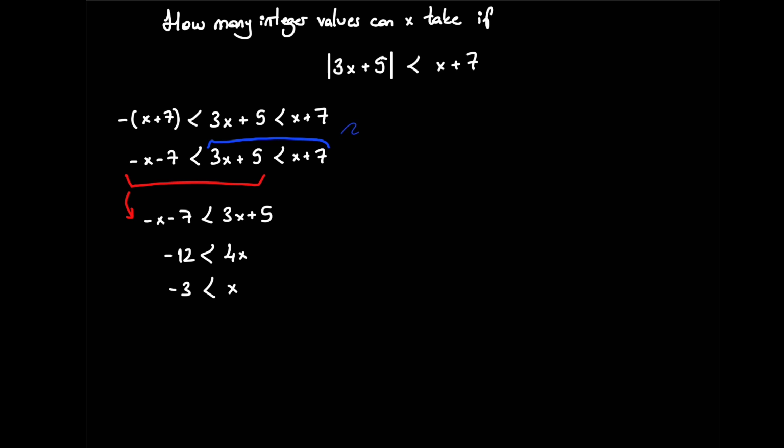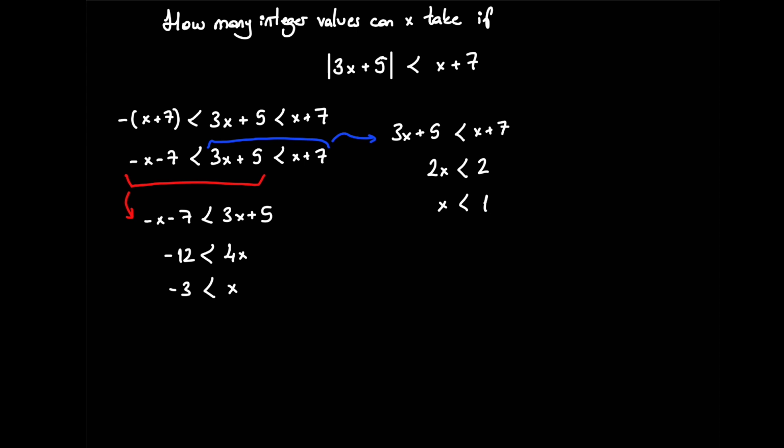Now let's solve this case. So 3x plus 5 is less than x plus 7. I will pass x to the left hand side of the inequality and 5 to the right hand side of the inequality. I will have 2x lower than 2 and I will divide both sides by 2. I will get x lower than 1.